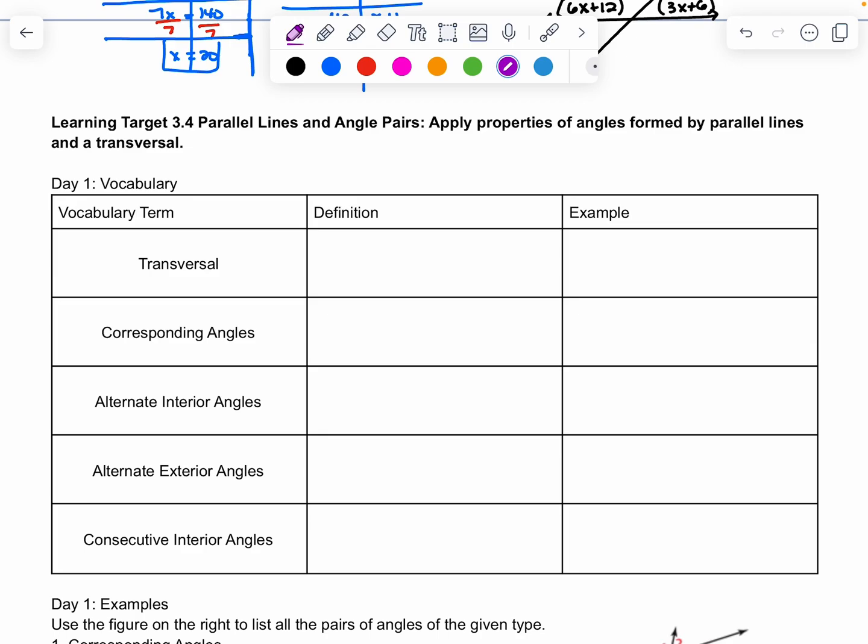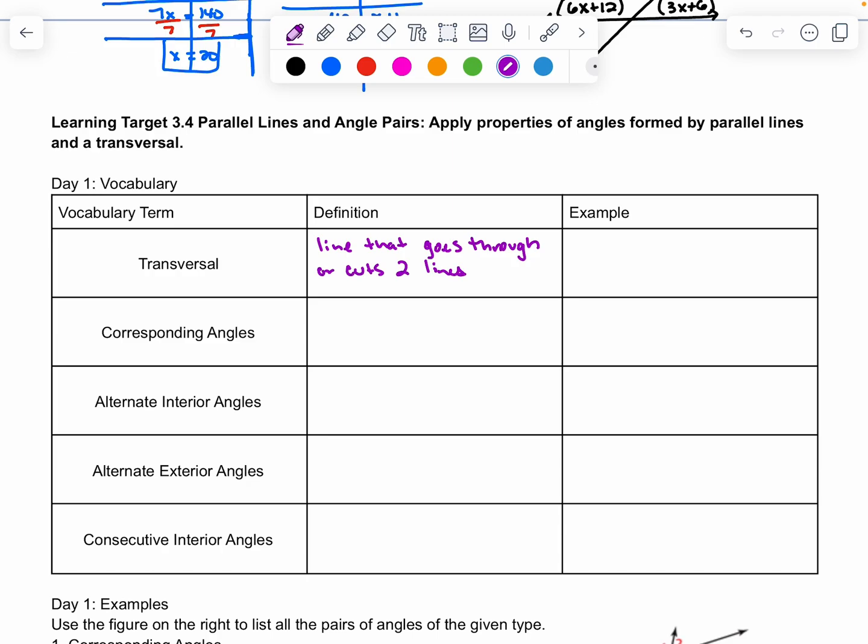So to start off with, a transversal is a line that goes through, or some people like to think of it as it's cutting. So it cuts 2 lines. Right now, they don't have to be parallel.